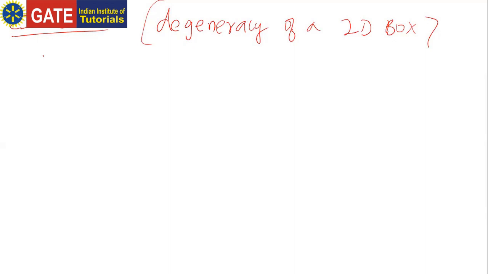For a 2D box, I am going to write down the wave function psi of xy equal to, for a 2D box, two coordinates x and y.